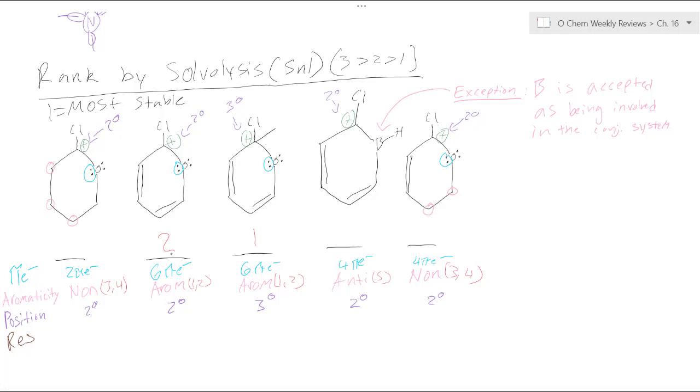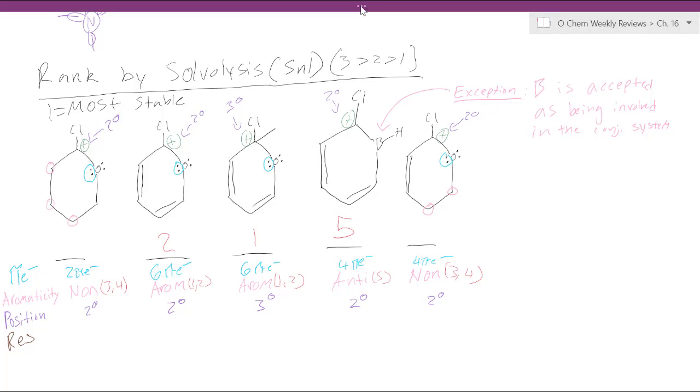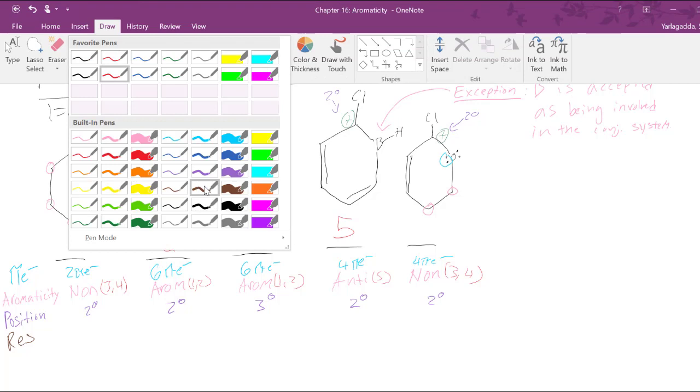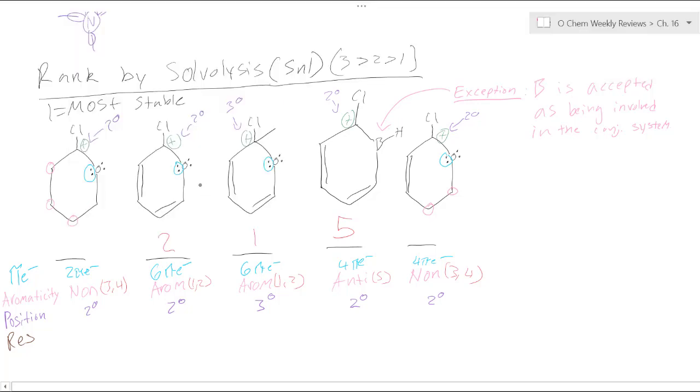Between our non-aromatics, they're both secondary, so what do we look at next? It's going to be resonance, okay? Now, remember, resonance is almost always good. It also applies in this case because you are making it more stable across the entire molecule. So you want to assign how many resonance structures each of these molecules have.